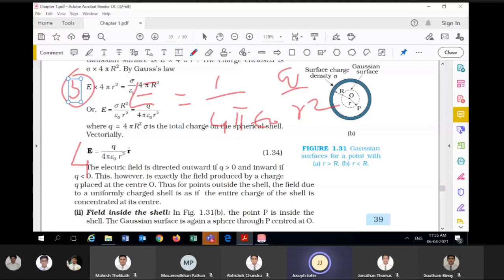Fourth formula is Gauss's law. Flux is equal to Q by epsilon naught.